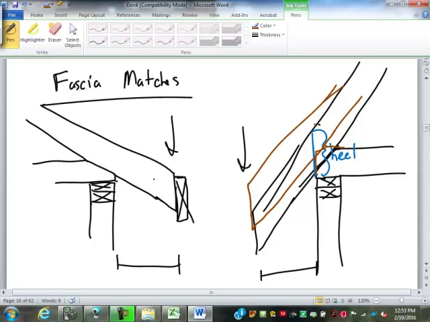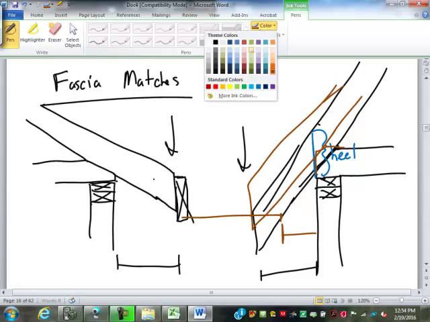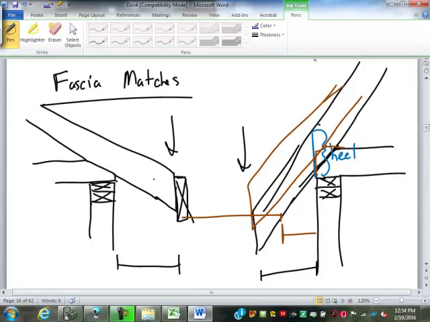Or, we can leave the heel the same and just cut back the overhang until we cut it back to a point where it's the same height. Or we could adjust the slope. Let's say we have a given overhang we want, we can adjust the slope to make it fit.